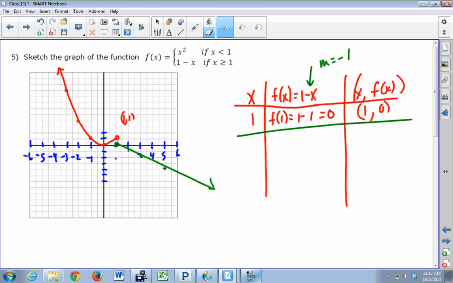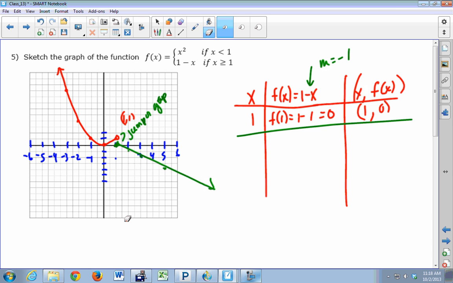Okay, so notice we have a jump or a gap at x equals 1. That's why I could not have an equals 1 in this piece and an equals 1 in this piece. It doesn't work like the swimming pool one.